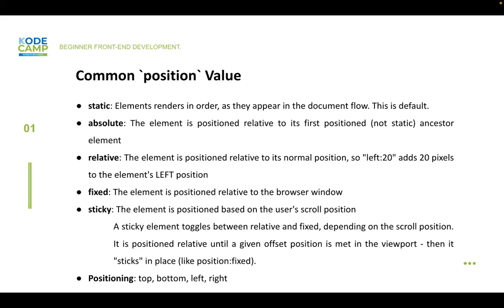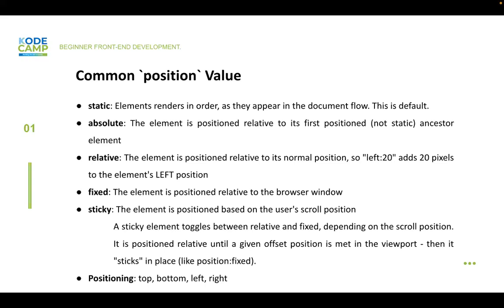Even if you keep scrolling up, that item is going to remain there until you scroll down again before the item comes down. And if you give it a bottom value, it's going to stick to the bottom. That means I don't want this item to leave the screen. When you get to that place and you scroll, the item is going to scroll with you, but then stick to the top or stick to the bottom. So we'll get to understand that better.